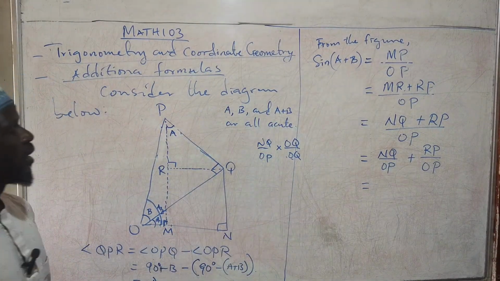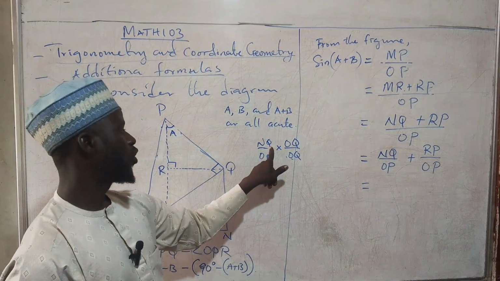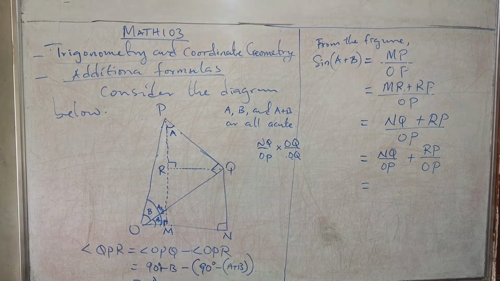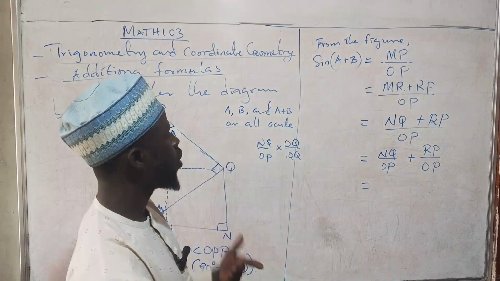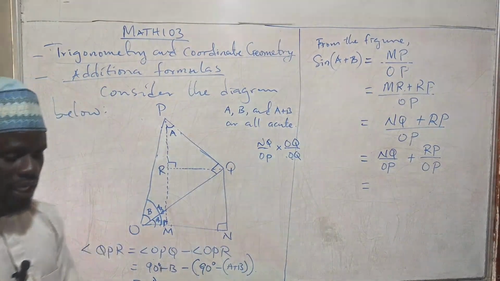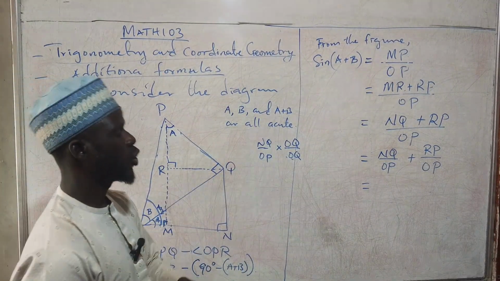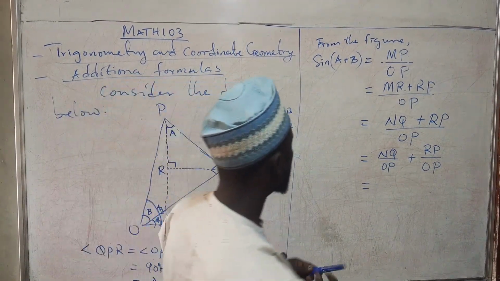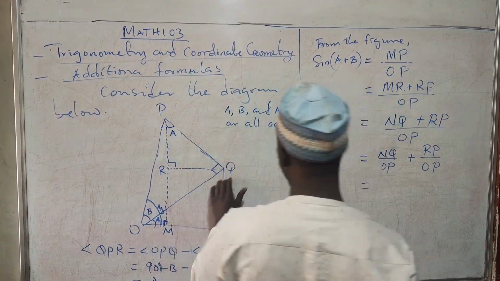So it's still the line NQ over OP, because OQ over OQ, the answer is 1. So multiplying any line segment by 1, the answer is just the ratio of the lines you have. So I can multiply this by the line OQ.